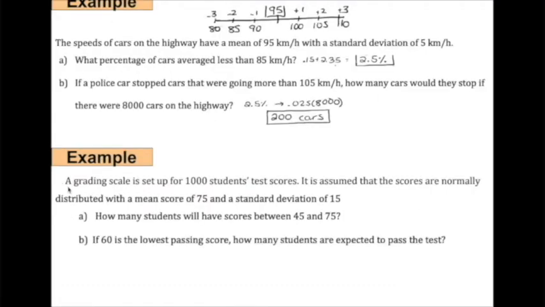Okay, now let's continue to the next example. A grading scale is set up for 1,000 students' test scores. It is assumed that the scores are normally distributed with a mean score of 75 and a standard deviation of 15. Let's generate the normal curve.